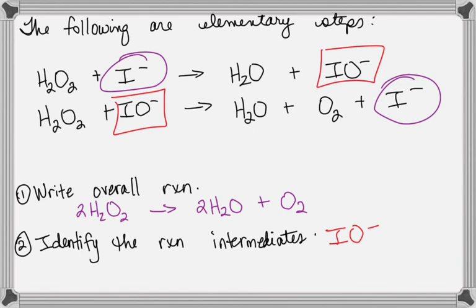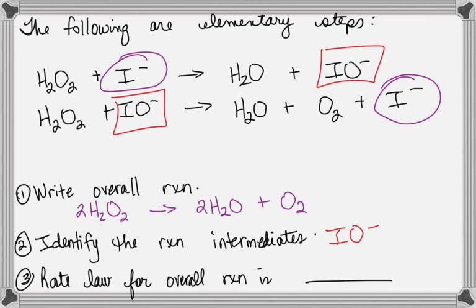What if I told you the rate law... oh, I can't tell you that on this one. I need the rate law for the overall reaction. That's the question. I would write up here by these steps that the first one is fast and the second one is slow.